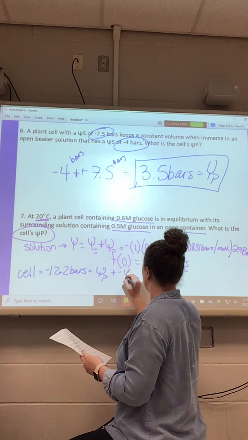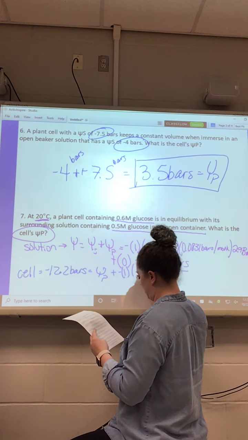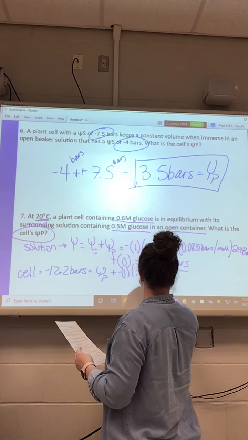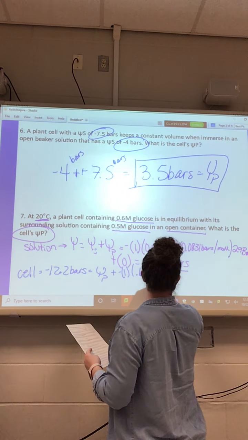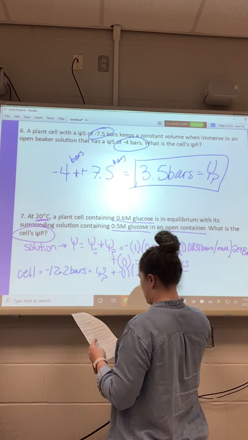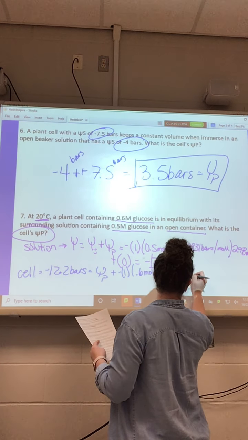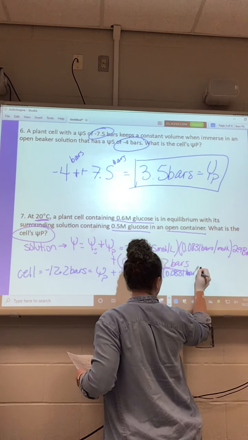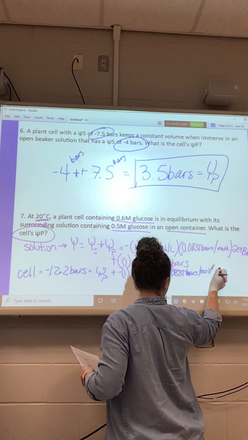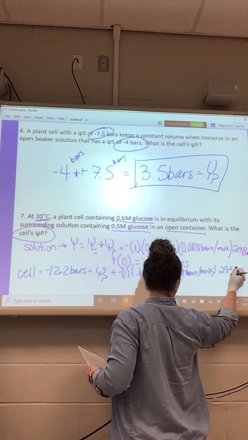Plus 1 times 0.6 moles per liter times the constant, 293 Kelvin.